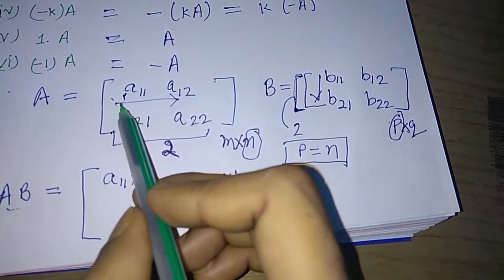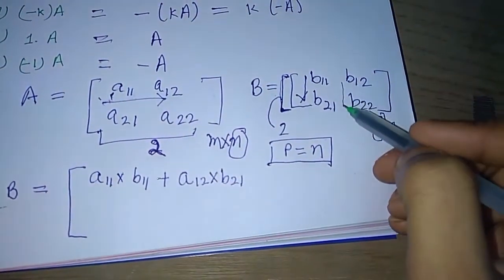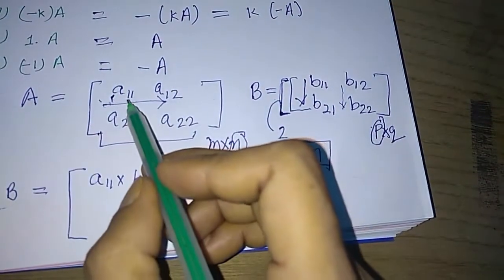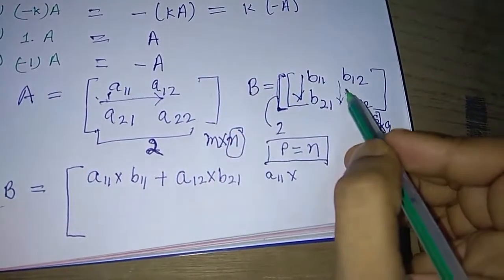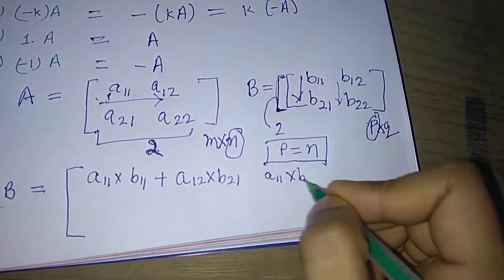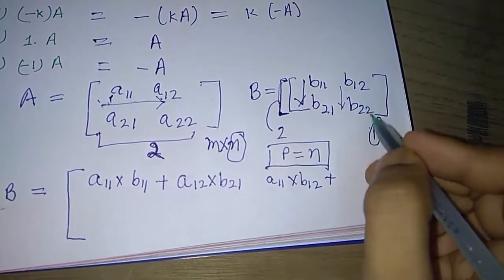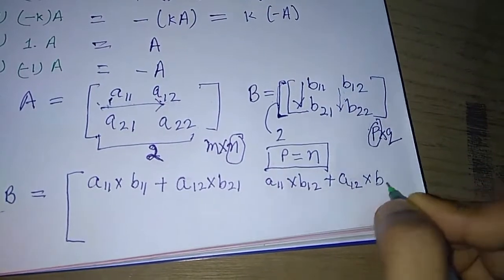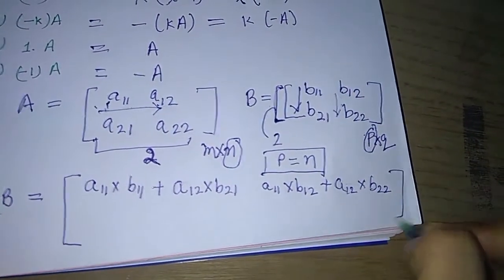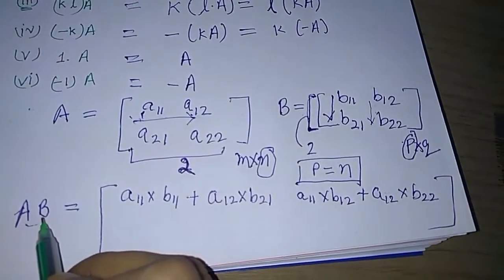Next, the second element. For that we multiply the first row by the second column of the other matrix: A11 into B12 plus A12 into B22. This gives the second element of the A into B matrix.